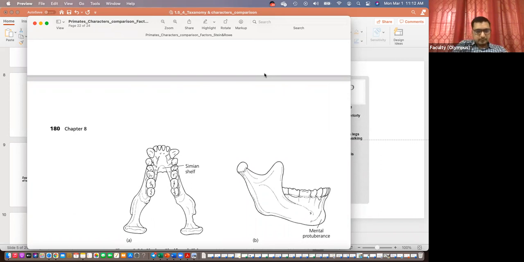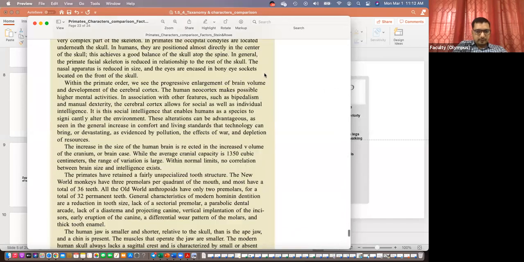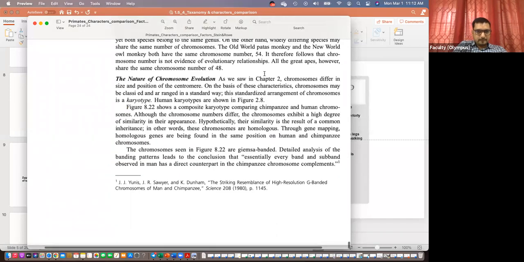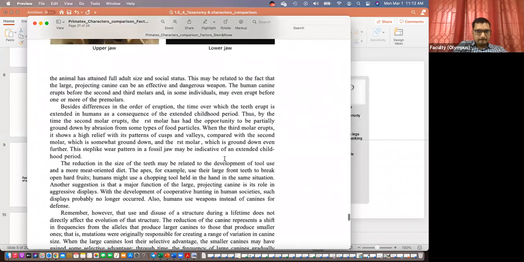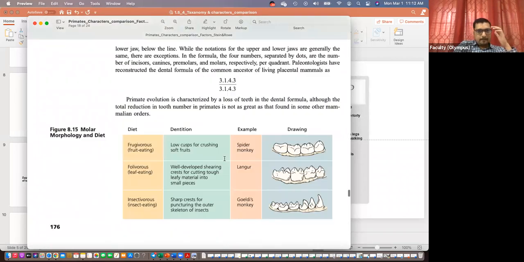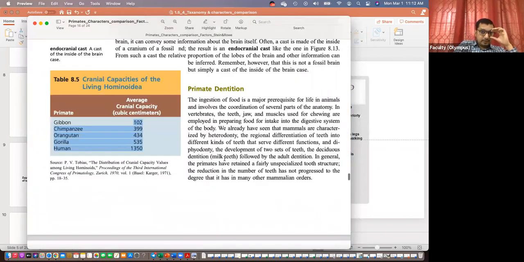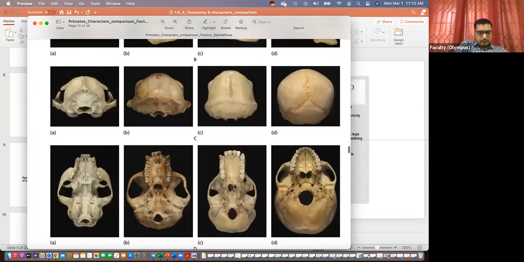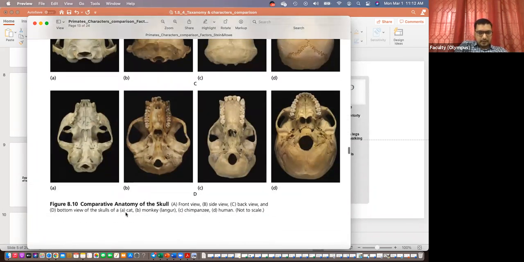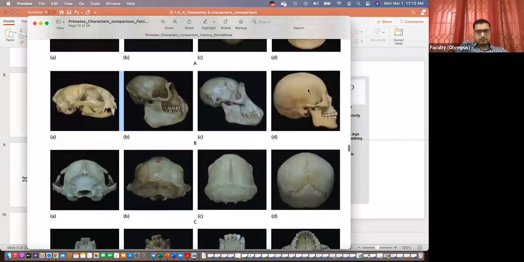Let's see these skulls that we have seen; it is visible from those skulls. So you notice here in the skull, they're talking about cats, monkeys, chimpanzees, and humans.